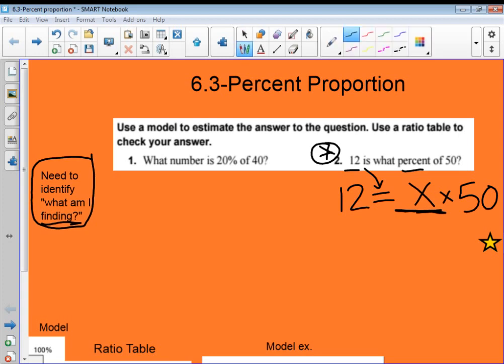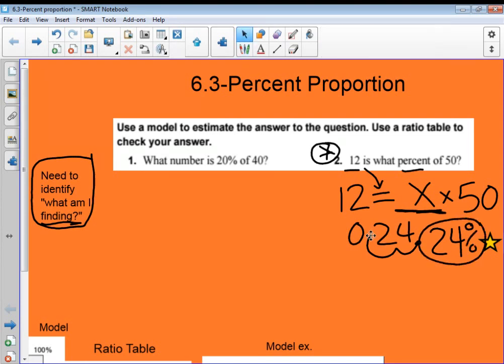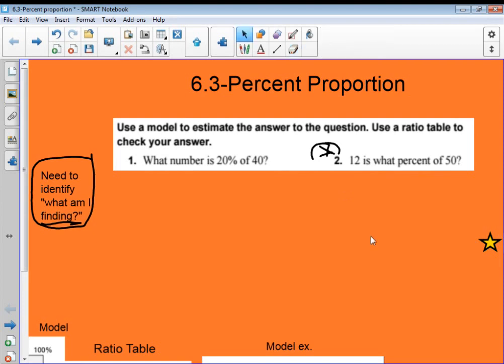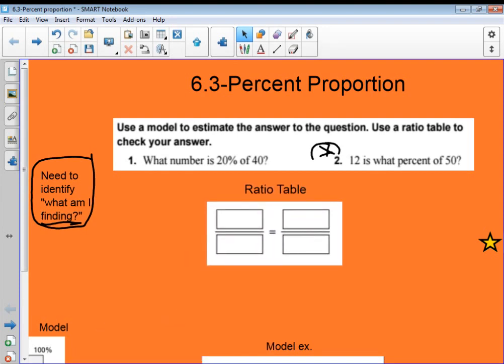And to go from a decimal to a percent, I multiply by 100, so I will get 24%. So that is one way. If you like that equation, then you can stick with that. If not, if you are a little bit more visual, we can, you know what, I really don't like the model. Use a ratio table.